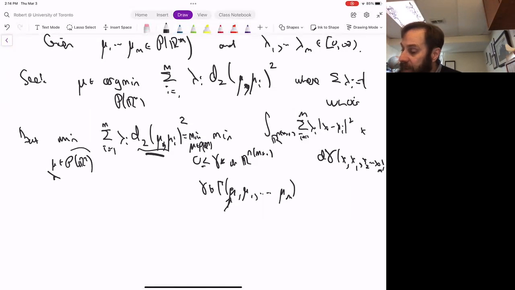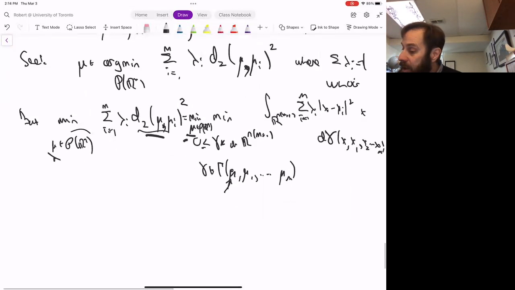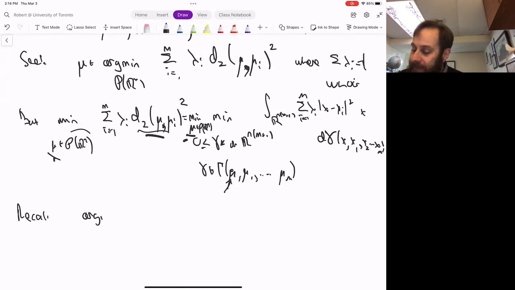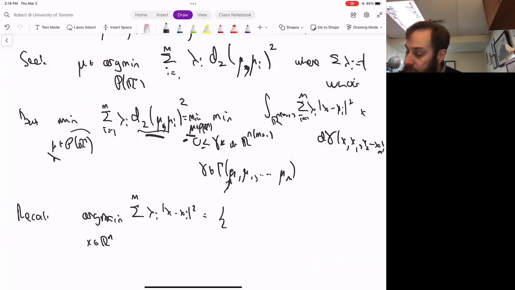And since I'm completely free about what measure mu I want to prescribe, another way of thinking about this is to recall that the argmin over R^n of a sum like this, I showed this last class, the sum of lambda i times x minus xi squared, the minimizing point is the barycenter.